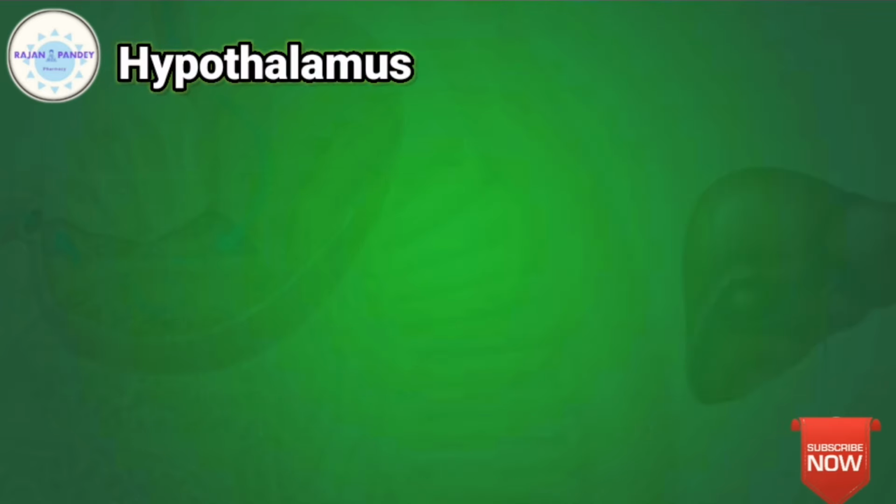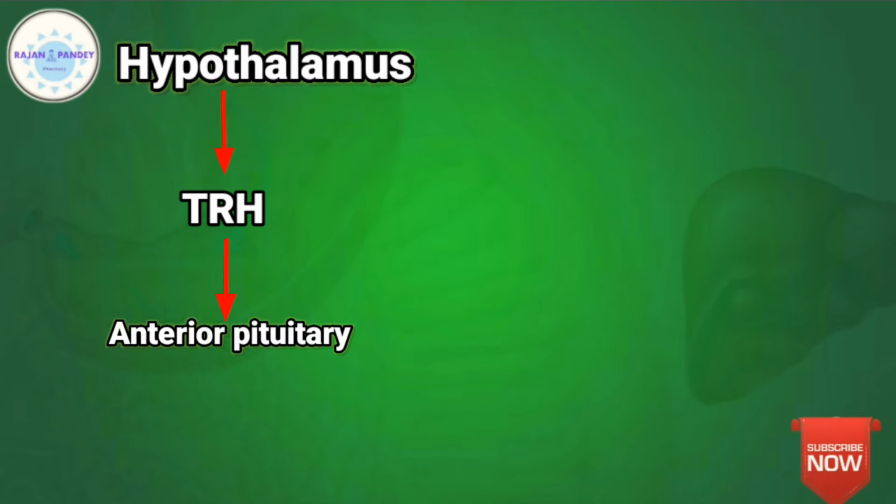When these factors stimulate the hypothalamus, the hypothalamus secretes thyroid releasing hormone. This thyroid releasing hormone acts on the anterior pituitary. Due to this, the anterior pituitary secretes TSH, which stands for thyroid stimulating hormone.